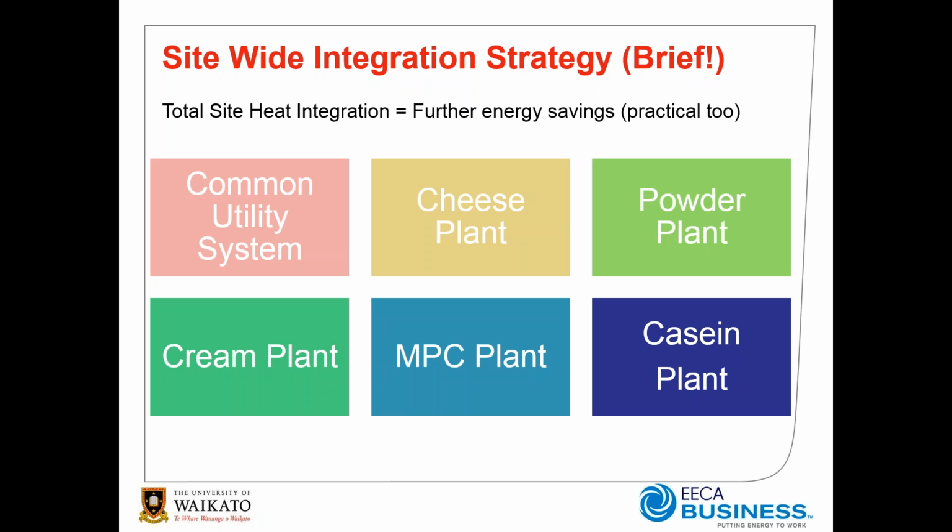There may also be good product quality and hygiene reasons why you don't necessarily want to have long pipes. And so the application of this direct integration has to be used wisely. And so there are methodologies around site-wide integration and a strategy to do with that.